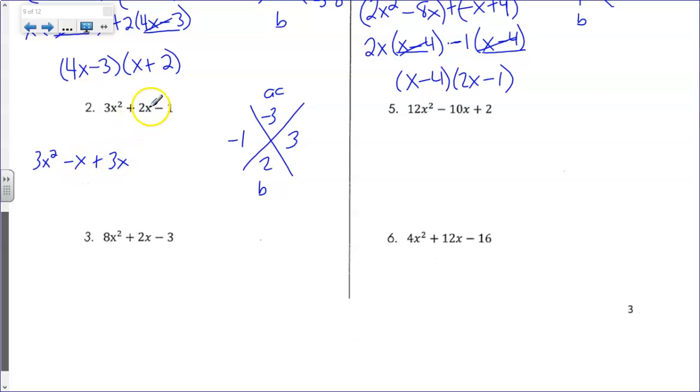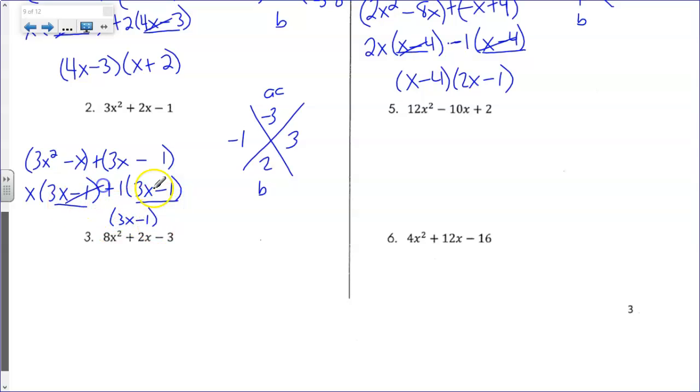Negative 1 plus 3 is positive 2. Group the first two, group the last two, take out an x. Nothing will come out here, but I always have to take something so I can divide by 1. Now you'll notice these are like terms. So I'm going to mark those out and then put the leftovers.